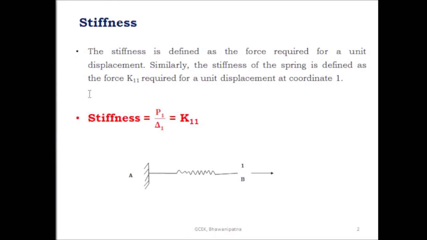That is called the stiffness. This is denoted by K11, K11 is equal to P1 by delta 1. This is called the stiffness.